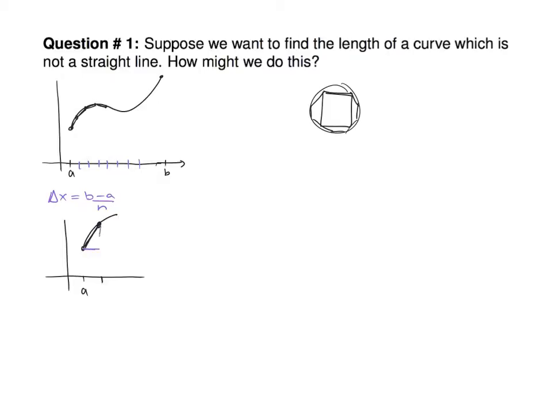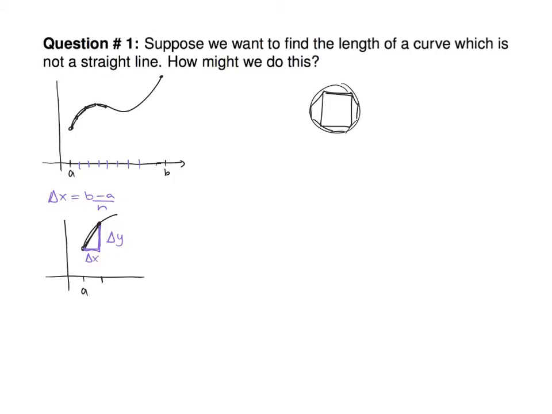This makes a little triangle. What I want is the hypotenuse, right? This base is delta x, how much x has changed. The height is delta y, how much y has changed. Now delta y will be different depending on where you are in your curve, but for every piece, you're going to have that delta x and delta y.